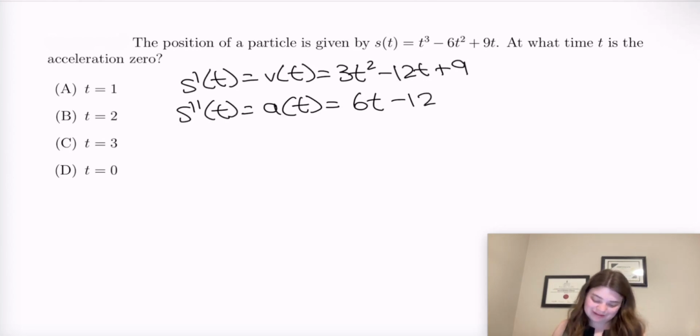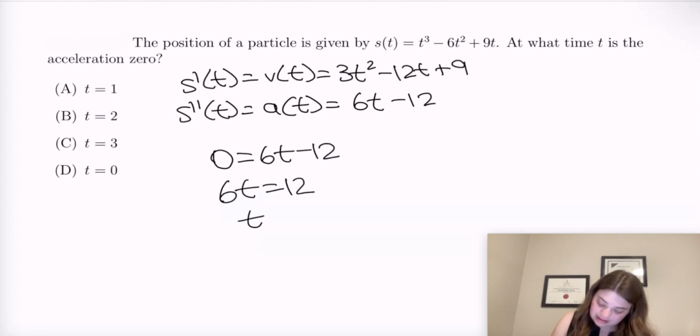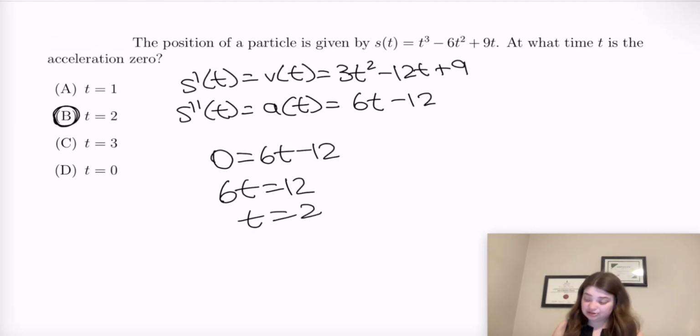And there we go. We did it. Now I need to set that acceleration to 0. So 0 is equal to 6t minus 12, meaning 6t is equal to 12, meaning t is equal to 2. So our answer is B here, once again, actually, because we ended up getting that the time is equal to 2 during the time that the acceleration is 0. So there we go.